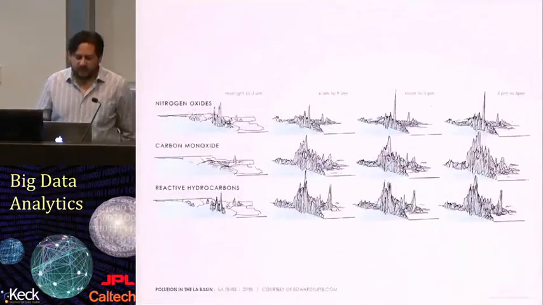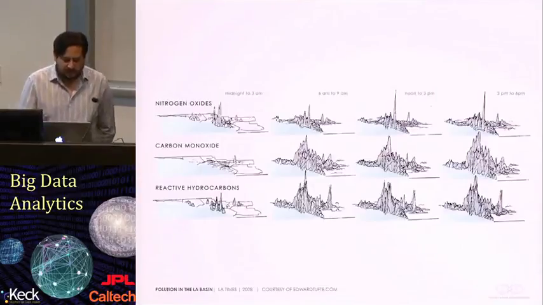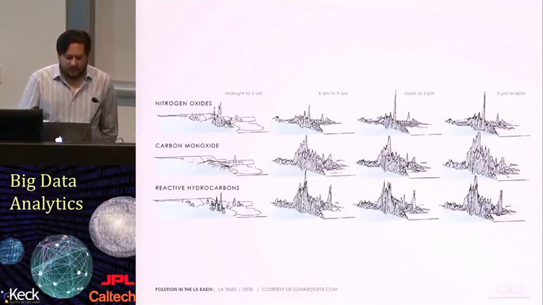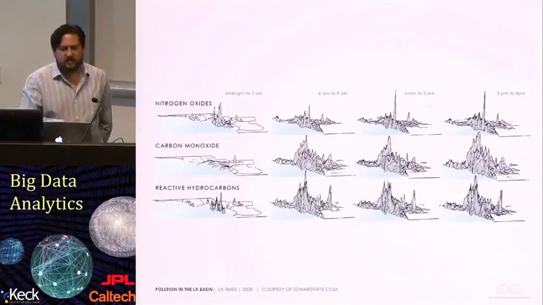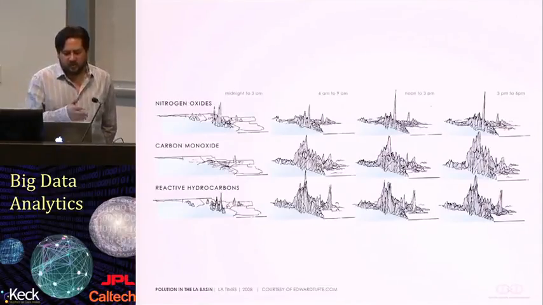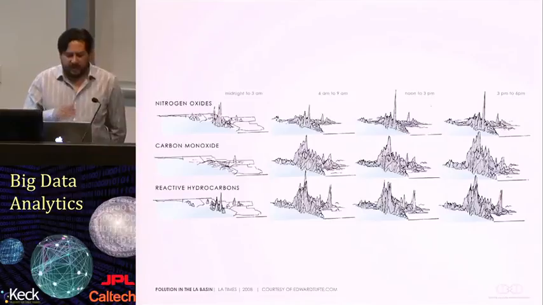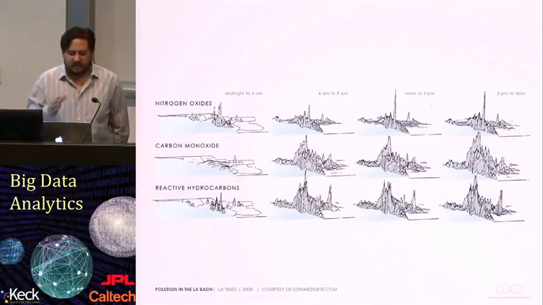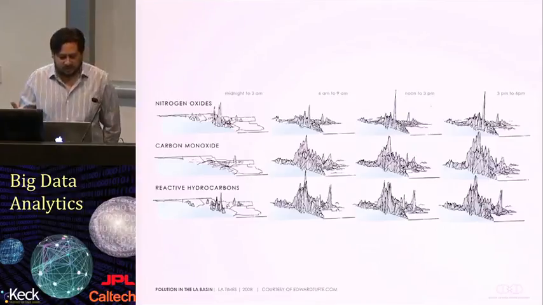Similarly, if we look at an example that Edward Tufte showed in 2008, we have here a series of plots that are showing different elements of pollution in the LA basin at different times. This is what he called small multiples.